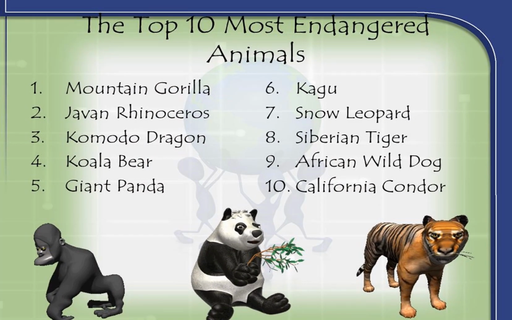These are the top 10 most endangered animals. We have mountain gorilla, Javan rhinoceros, Komodo dragon, koala bear, giant panda, kagu, snow leopard, Siberian tiger, African wild dog, and California condor.